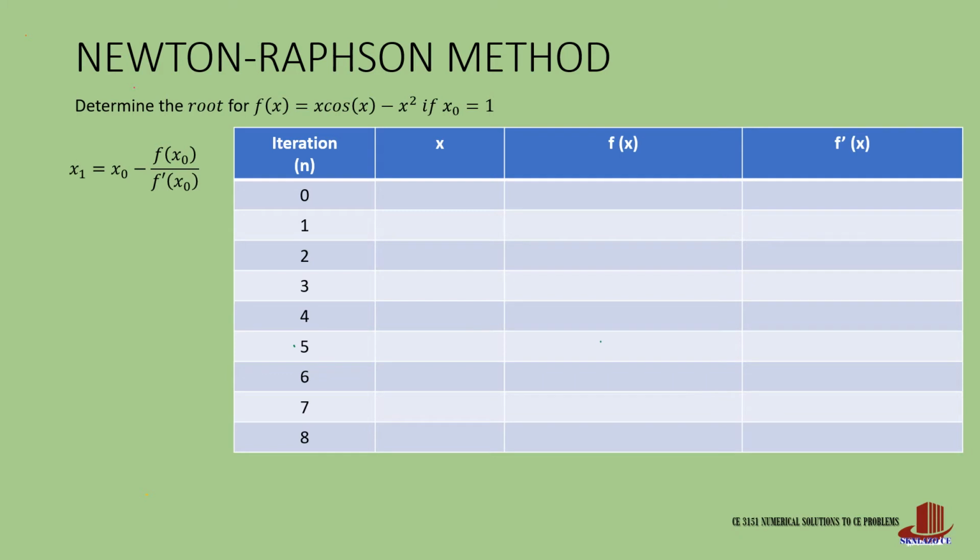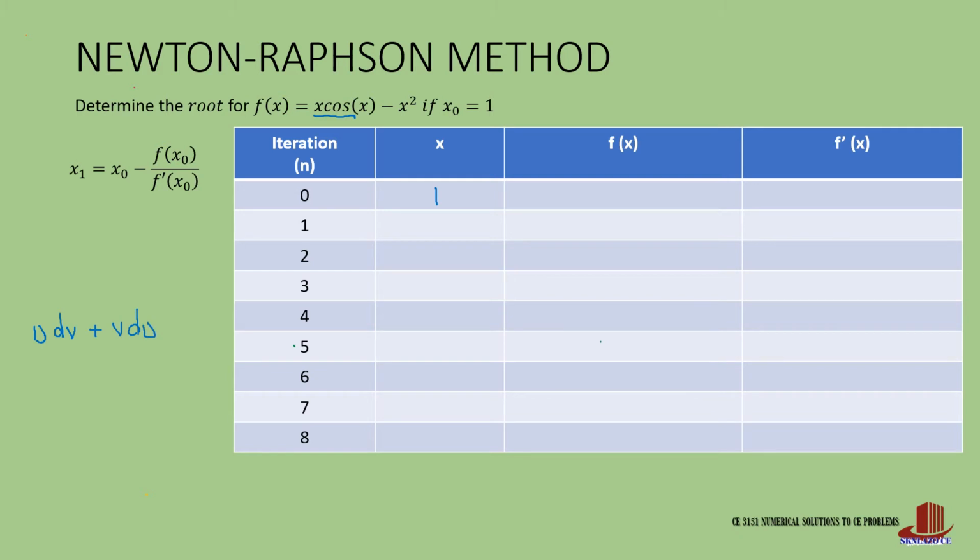Determine the root for the function of x given x cosine x minus x squared if x naught is given as 1. In order for us to proceed, let's look for f prime of x. X cosine of x would have the formula u dv plus v du.